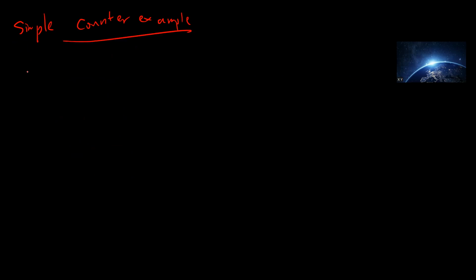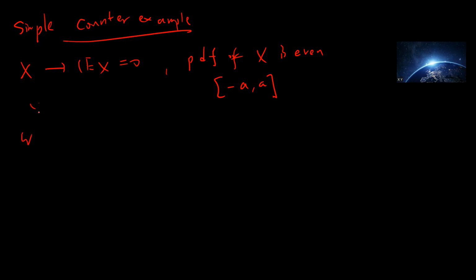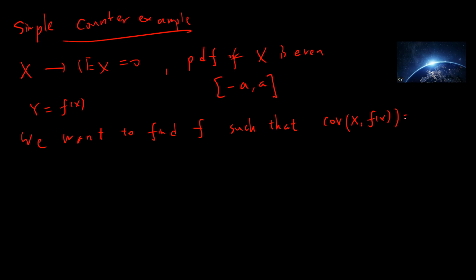Such an example is easy. Let's consider X centered at 0, so let's force the expectation of X to be 0, and suppose the PDF of X is even and supported on negative a to a. We want to find Y equals f of X, so the simple way is to find f such that the covariance of X and f of X is 0.